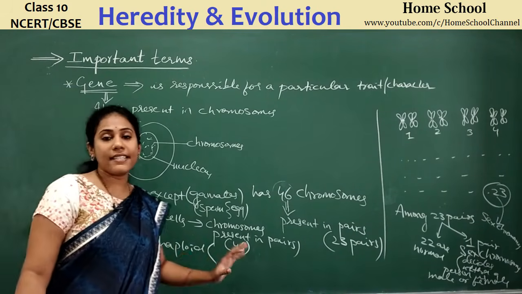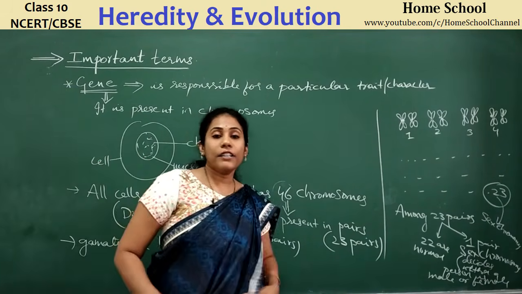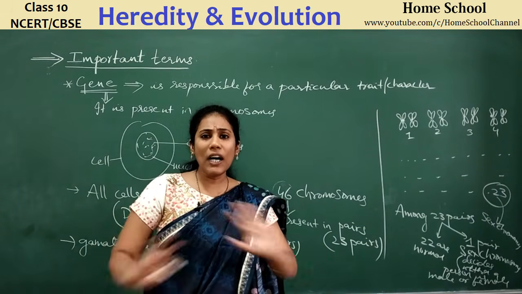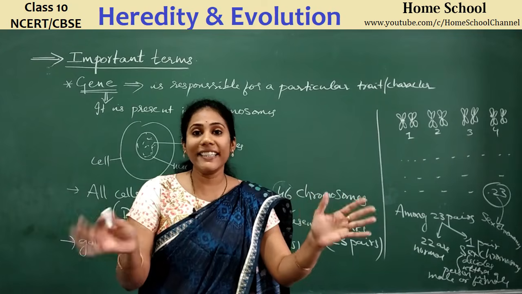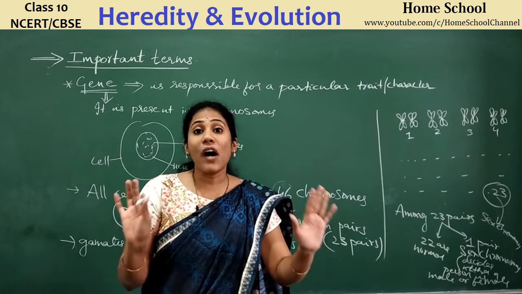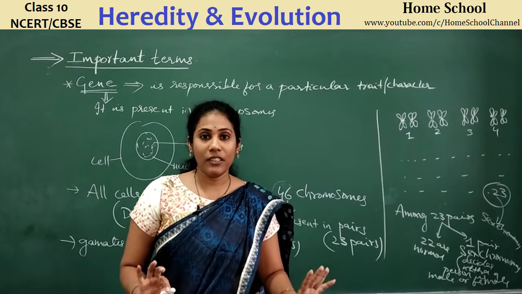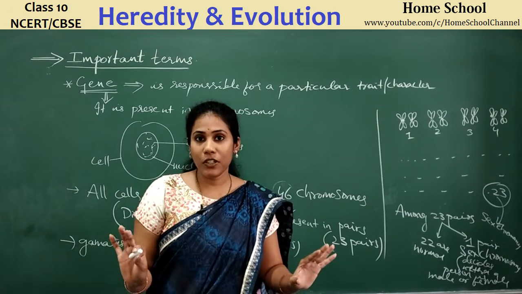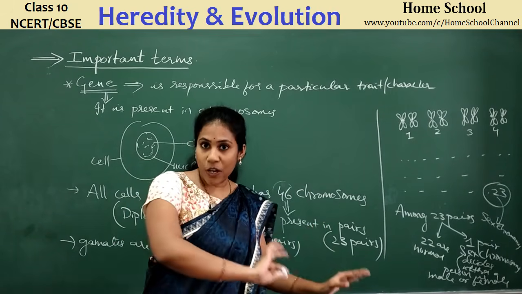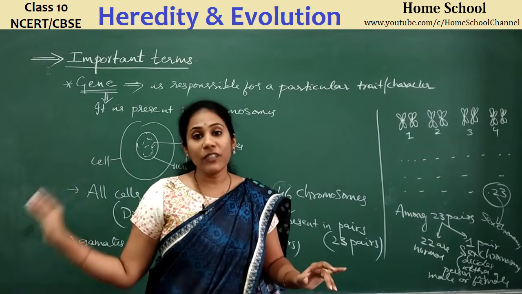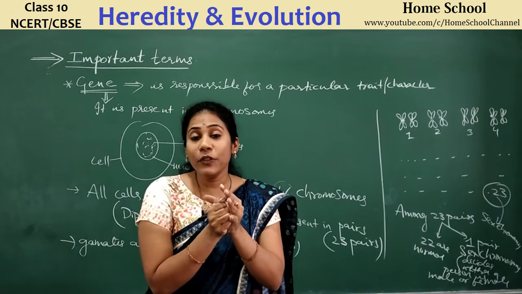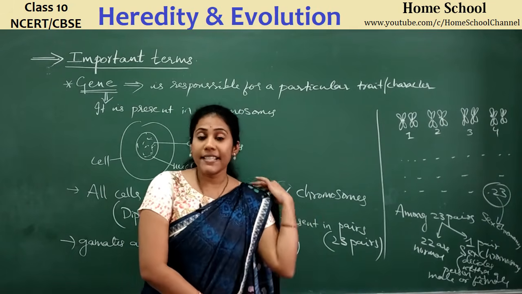In all the cells, skin cells, liver, kidney, heart, whatever, we have 23 pairs. That means 46 chromosomes. But in the case of sperm and egg, sperm is found in male, egg is found in female, we call them gametes. When they combine, a new individual is formed.